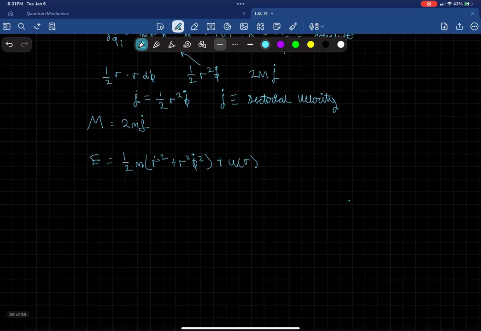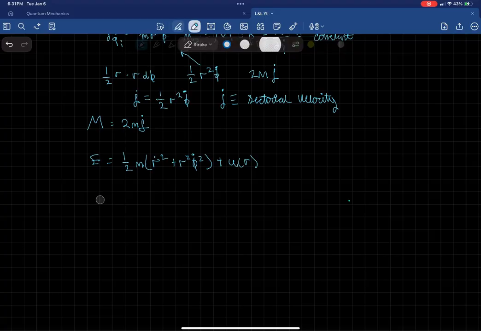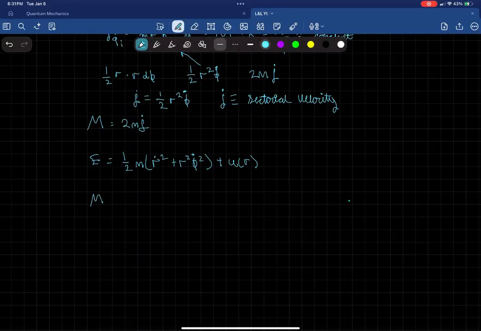If we rearrange for phi dot from the angular momentum, which I'll label as big M, equals m r squared phi dot, we can arrange for phi dot from here.